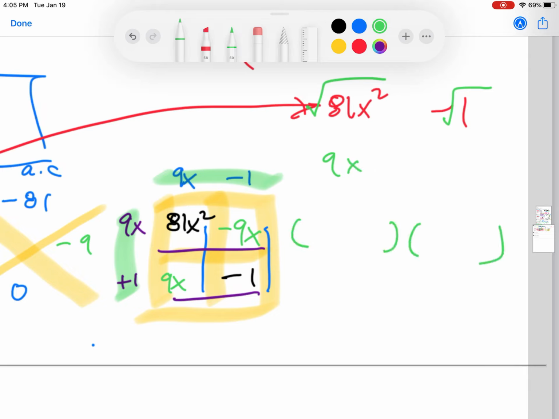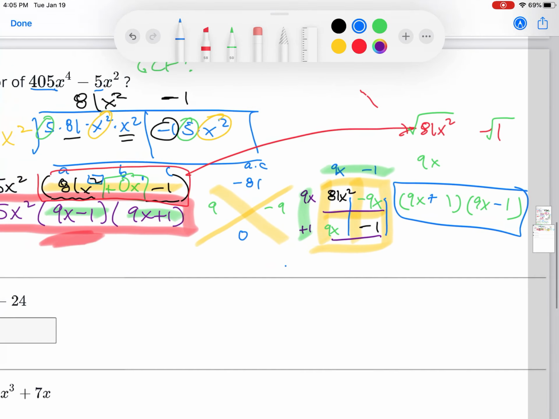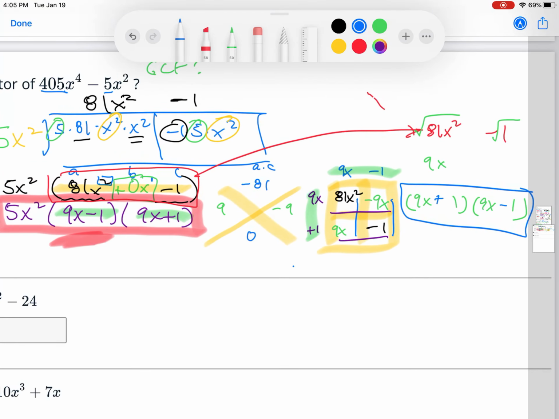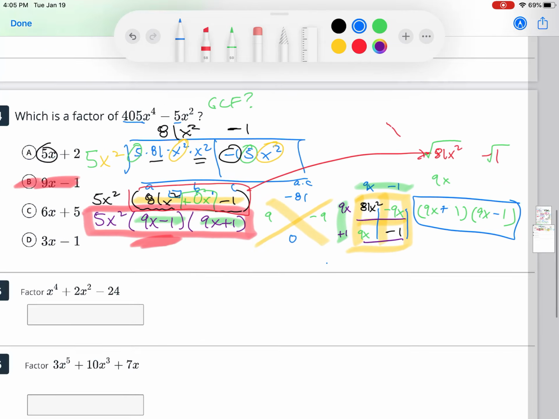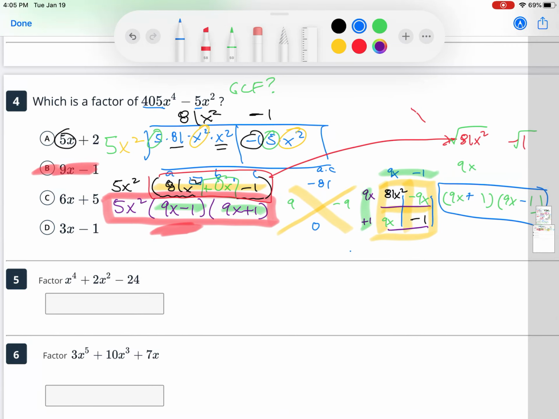So how that works is you'll put 9x, 9x, and the square root of 1 is 1. And then you'll just make 1 plus, 1 minus. And so this is the same thing as what we did in the x in the box. So a different method. It's hard to figure that one out when you see if you can take the subtraction sign and then they're both squares.